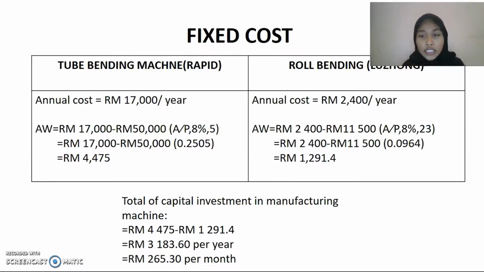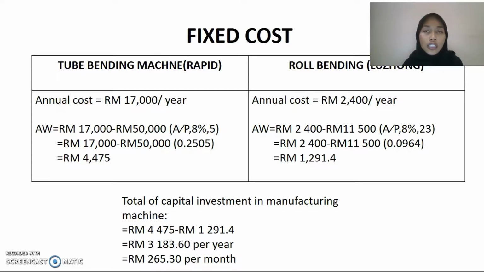Cost. We use two different machines: the tube bending machine Rapid and the roll bending machine Luzong. For the tube bending machine Rapid, the annual cost is 17,000 per year.